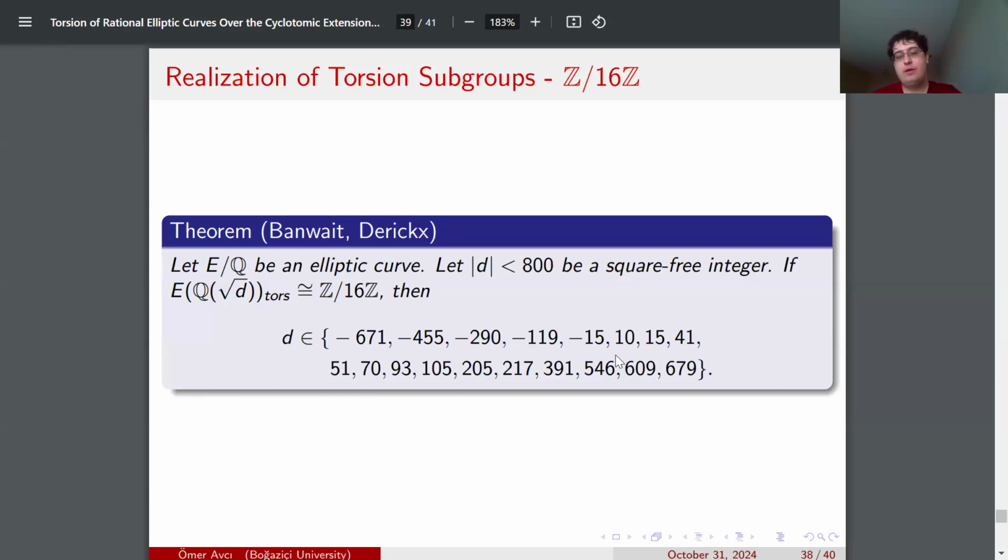So in our work, 41 seems promising, so we can have modulo 16 as torsion when we look at the field Q adjoined the 41st root of unity. But yeah, in their work, I couldn't find which elliptic curve has this torsion, so I also couldn't write it as an example.